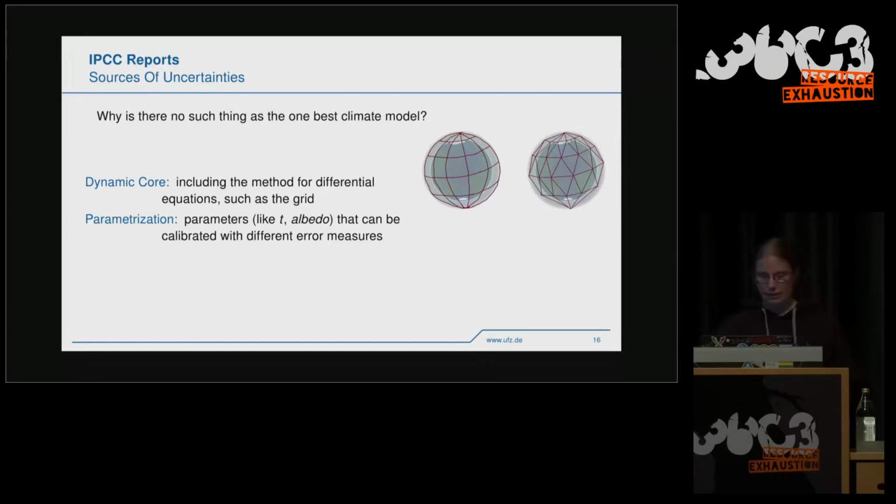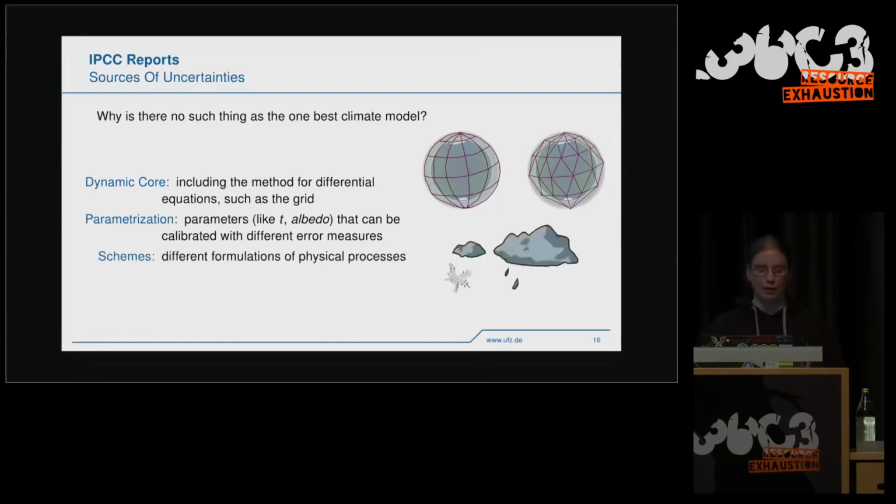And this is another reason for uncertainties and differences in climate models. And then there are schemes. For example, there are different formulations of physical processes, again, clouds. And last, the truncation again. We can also decide how we limit due to our lack of computational power.